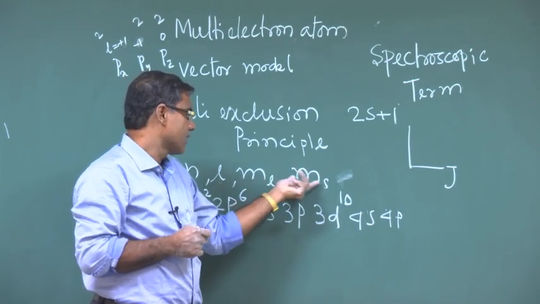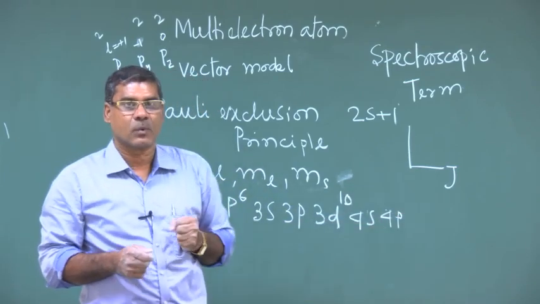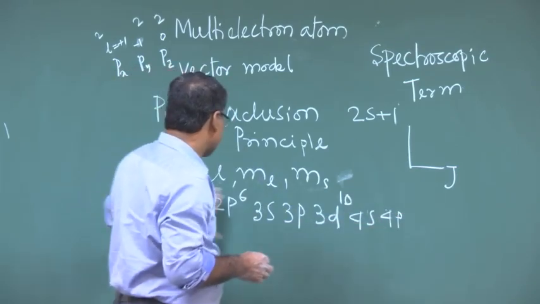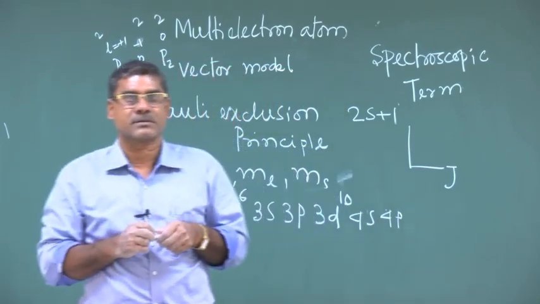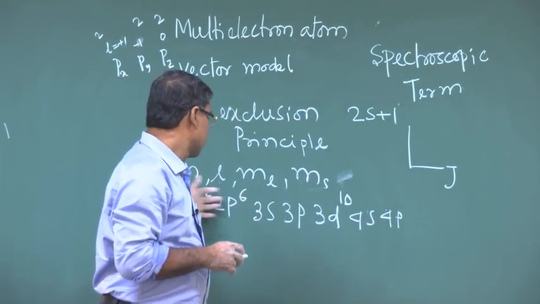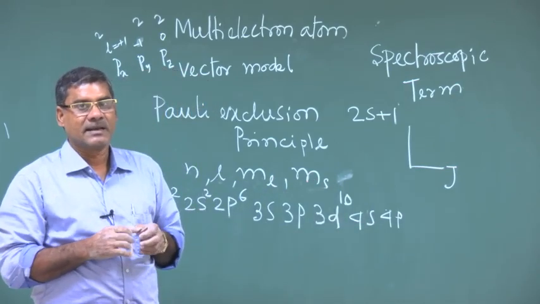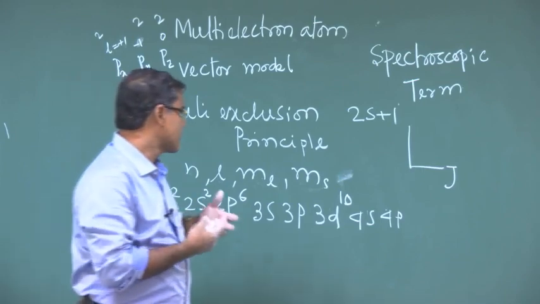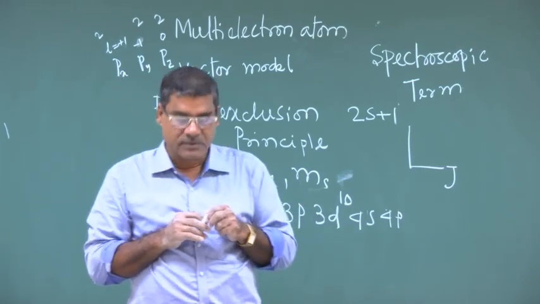So 5 into 2 is 10 electrons. f can contain 14 electrons. This way one can put electrons in different orbitals, and in a multi-electron system one can arrange electrons in the atoms.